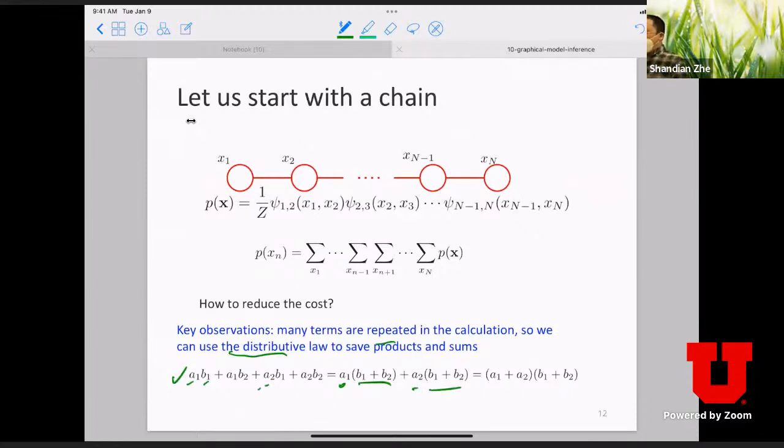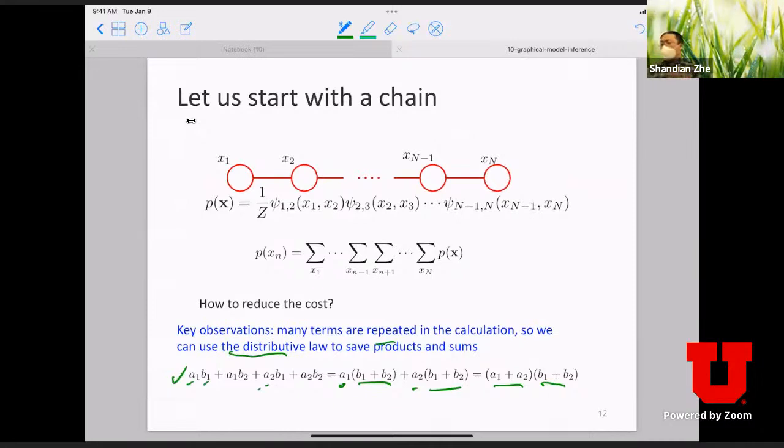Finally, merging them together, I only need to first sum up b1 and b2, then sum up a1 and a2, and then do the product. We can see that it only needs 2 summations and 1 product. It's a dramatic reduction in the number of operations compared with the naive approach. Does it make sense? Okay.